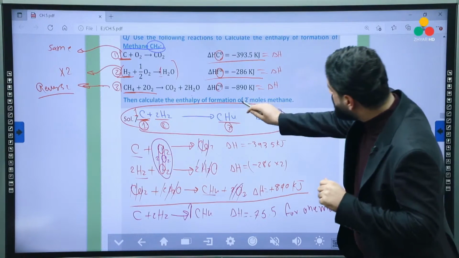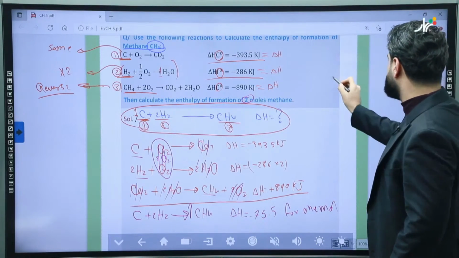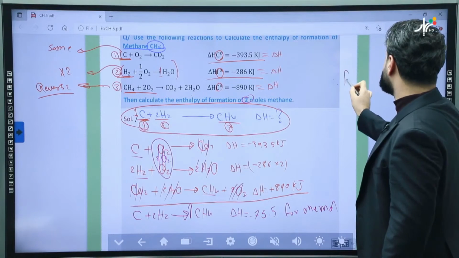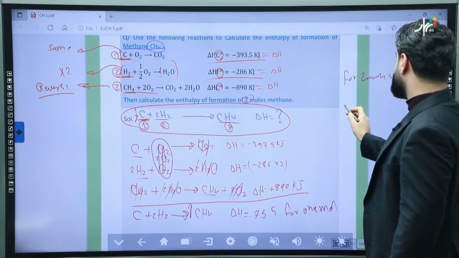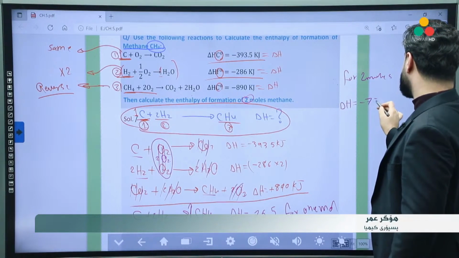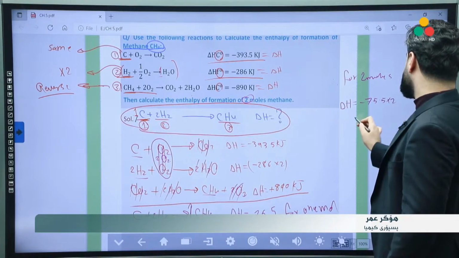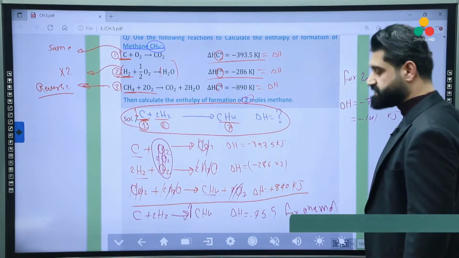And for 2 moles, we have to multiply by 2. Okay, look. So for 2 moles, delta H equals negative 75.5 times 2 equals negative 141 kilojoules.